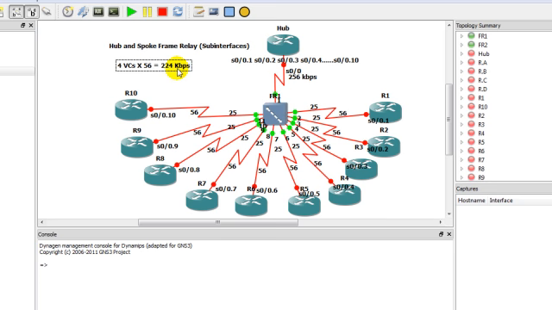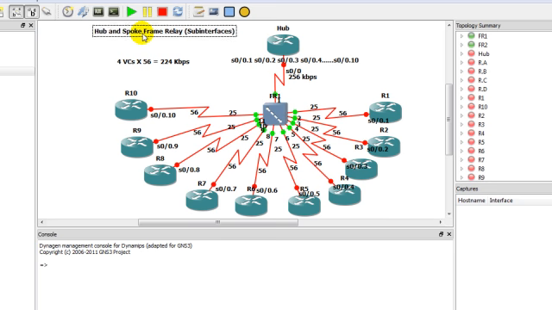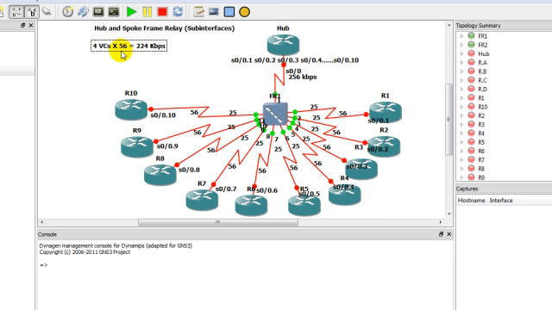There are also specific notes about multipoint configurations. If the total bandwidth is equal to or greater than the access line, you have to configure the bandwidth to be equal to the access line.